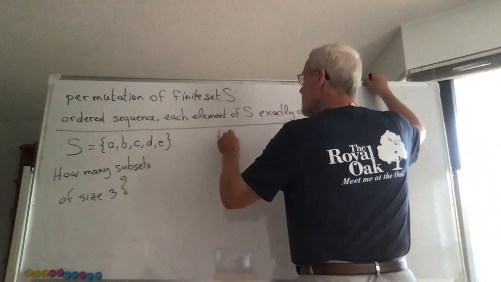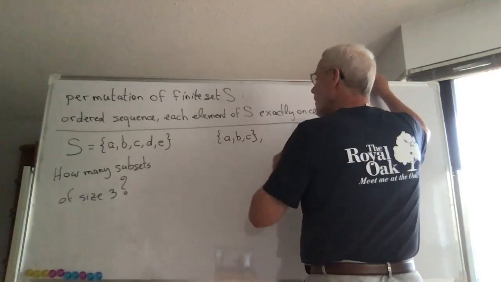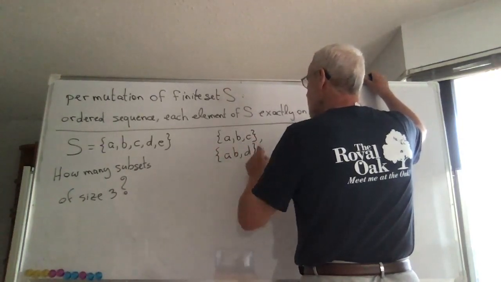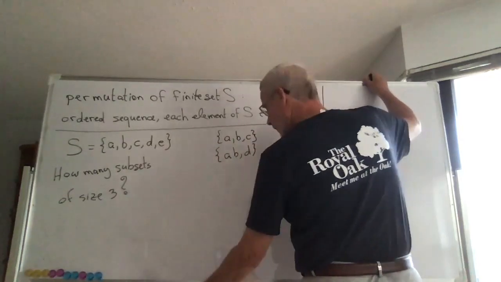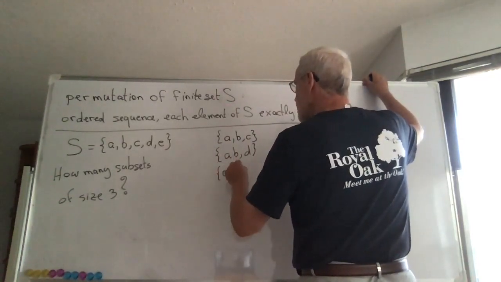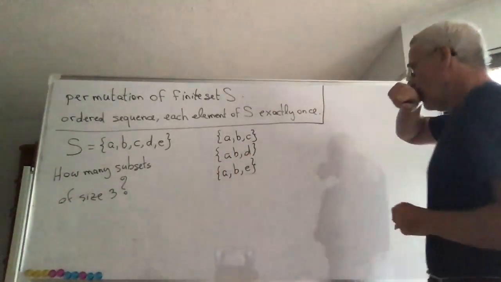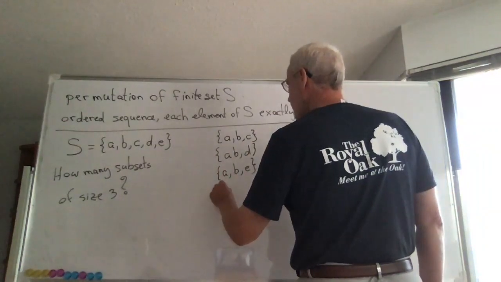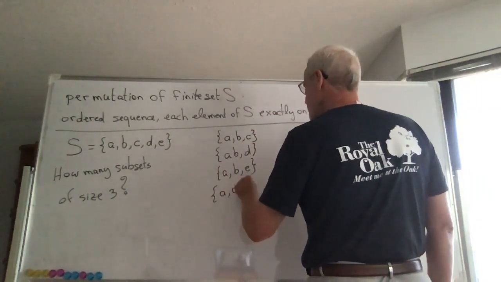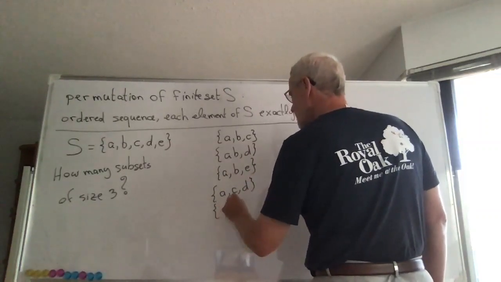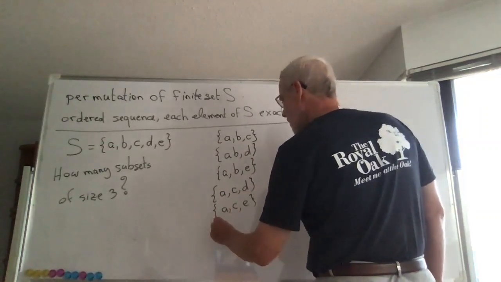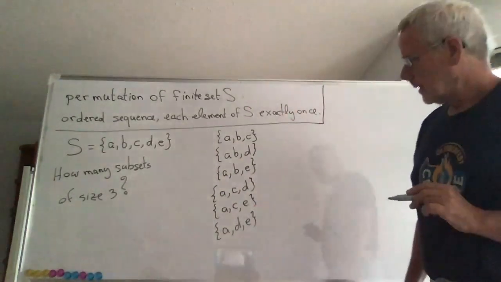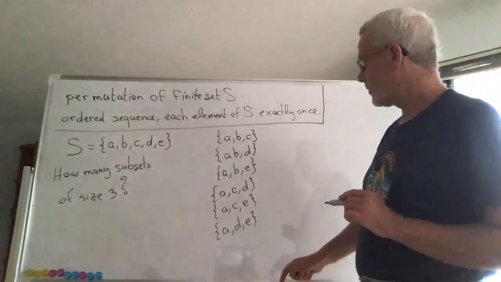Okay, so we can take A, B, C. You can take A, B, D. Take A, B, E. So we have A, B, C, A, B, D, A, B, E. Then we do A, C, D, A, C, E, and then we do A, D, E. Okay, so now we have all subsets of size 3 that contain A.